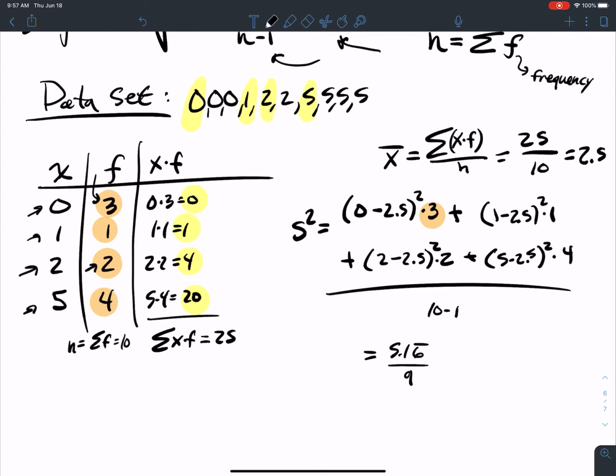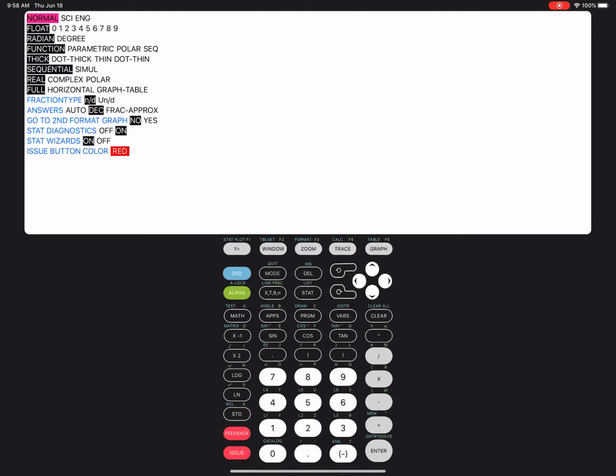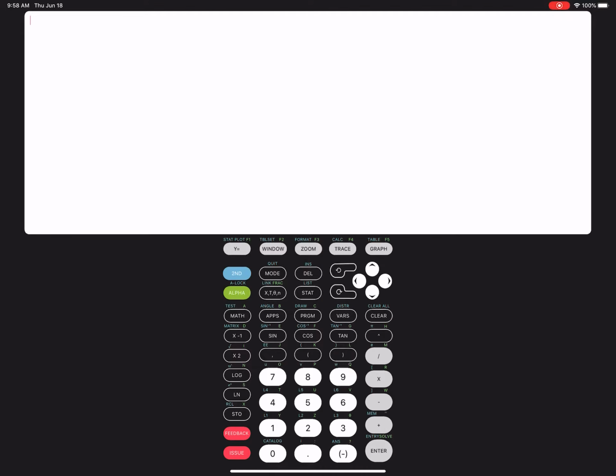Okay, so let's try that out. Parentheses, 0 minus 2.5, close parentheses, square it, and then multiply by 3, then plus parentheses 1 minus 2.5, close parentheses, square it, multiply by 1, plus parentheses 2 minus 2.5, close parentheses, square it, multiply by 2, plus parentheses 5 minus 2.5, close parentheses, square it, multiply by 4.